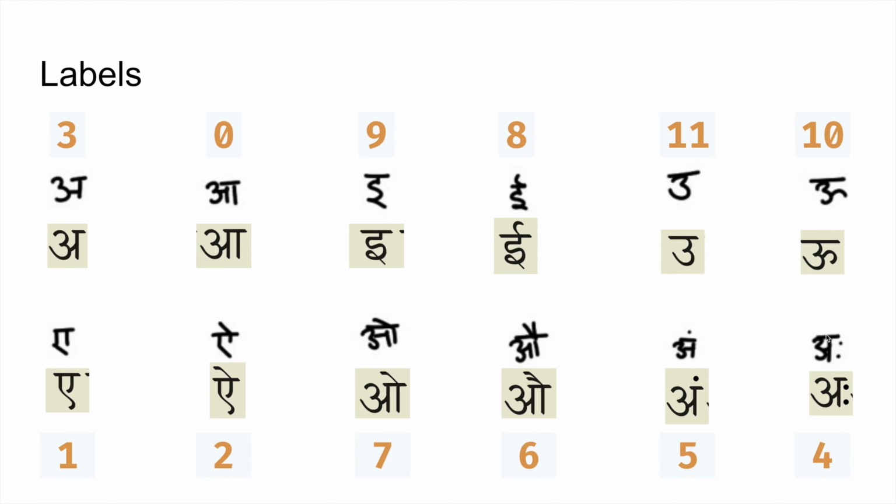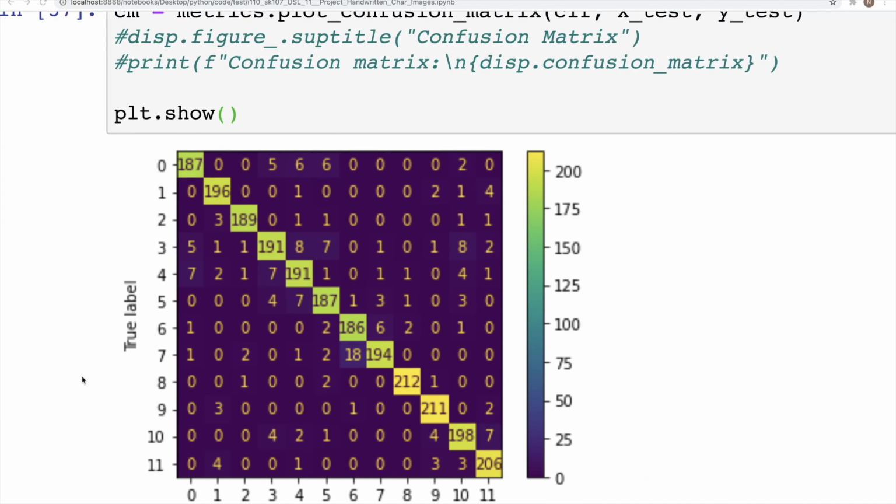So 3 makes sense because it does look like that. 4 and 6 also make sense, they look similar to the initial character, but 1 seems a little off. We just have one case of that, so that's okay. And similarly for the other characters.